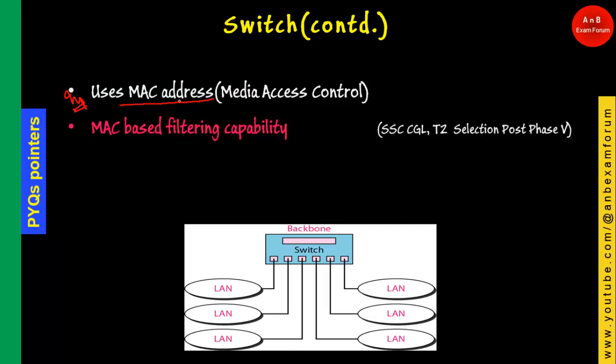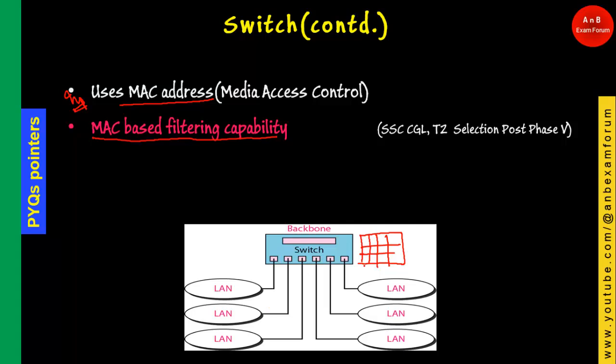Since it is using the MAC address, it is going to have MAC based filtering capability. Suppose it will make one table here. Based on the entries in this table, it is going to make a decision whether to pass the data from one particular LAN to another.